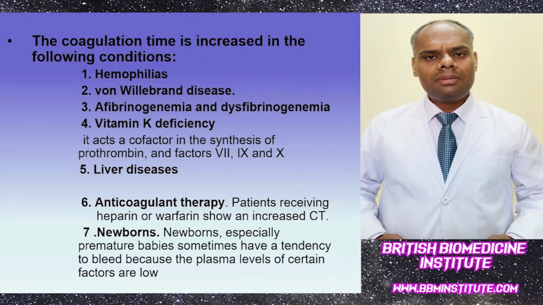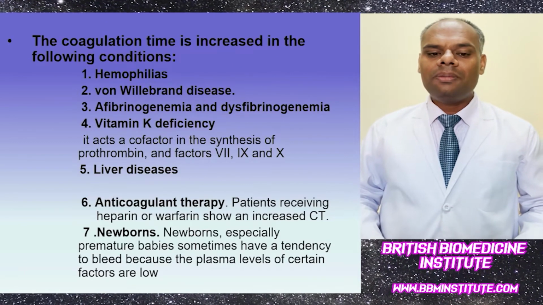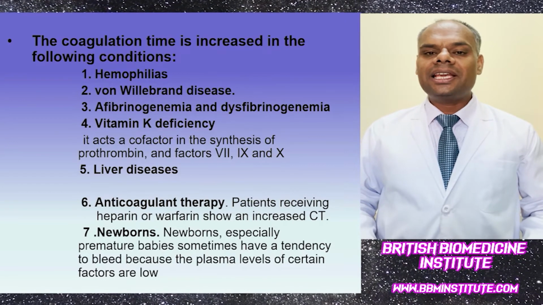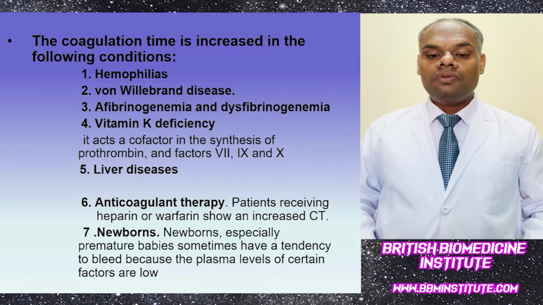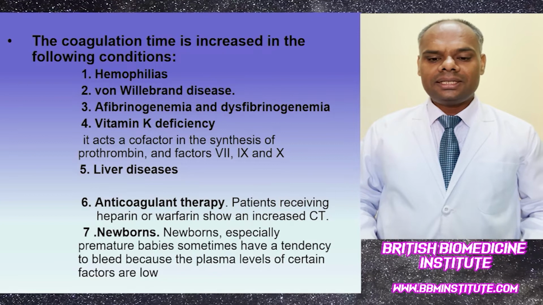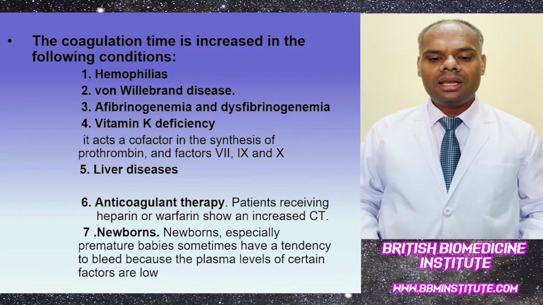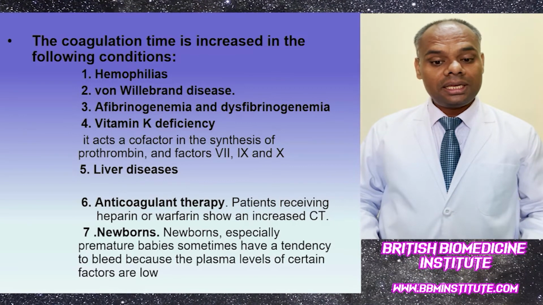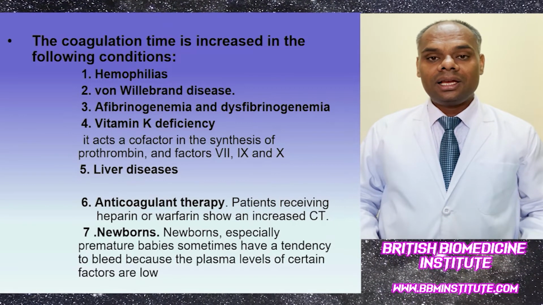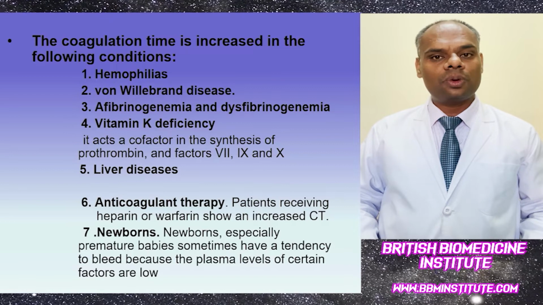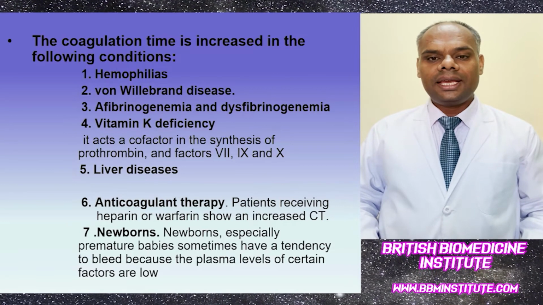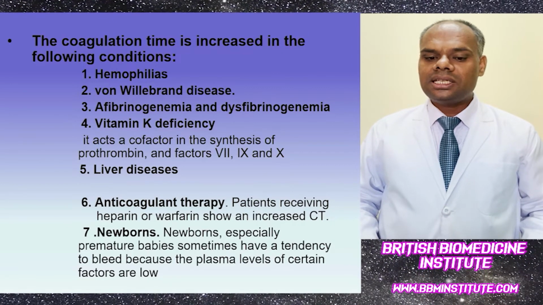The coagulation time can be increased in conditions like hemophilias, VWD, von Willebrand disease, afibrinogenemia and dysfibrinogenemia, and vitamin K deficiency. It acts as a cofactor in the synthesis of prothrombin and factors 8, 9 and 10.